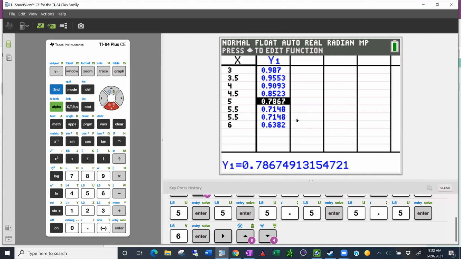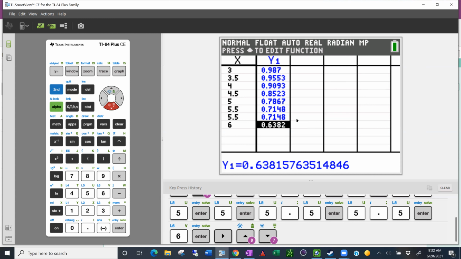2 times 0.7867. 2 times 0.7148. And finally, with the last one, you don't multiply that last one by 2. It's just the way the formula works out when you start doing this for multiple intervals. So 0.6382.